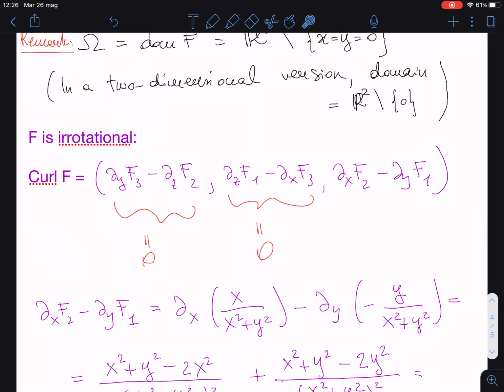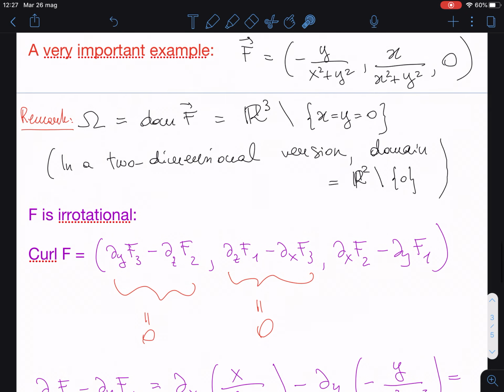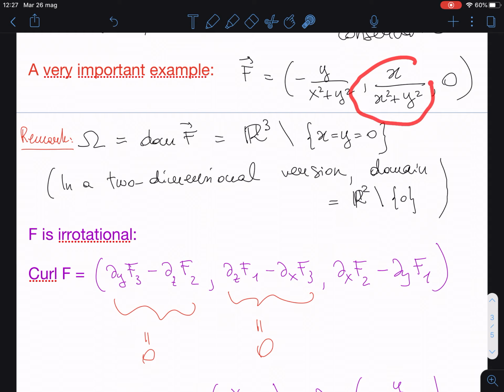You have to compute the curl of f. So let me write down again what is the curl of a vector field f. These are the three components. The first component, the x component, is dy f3 minus dz f2. Now f3 is equal to 0. The third component is equal to 0. In f2 there is no z, because f2 is this guy here.